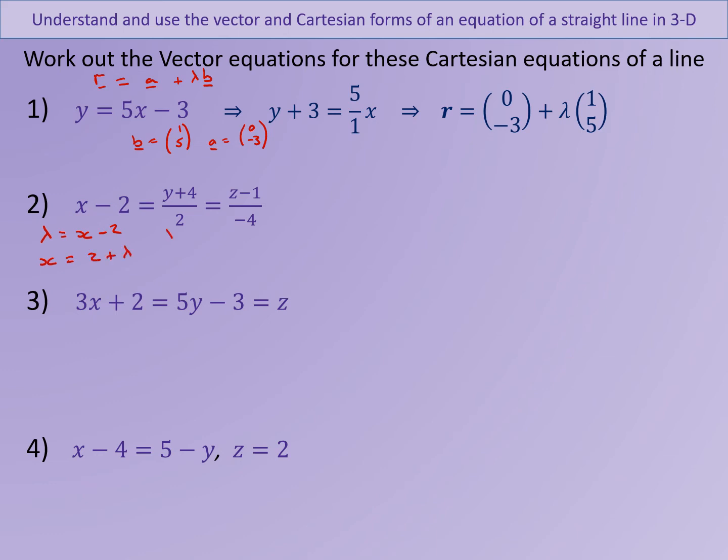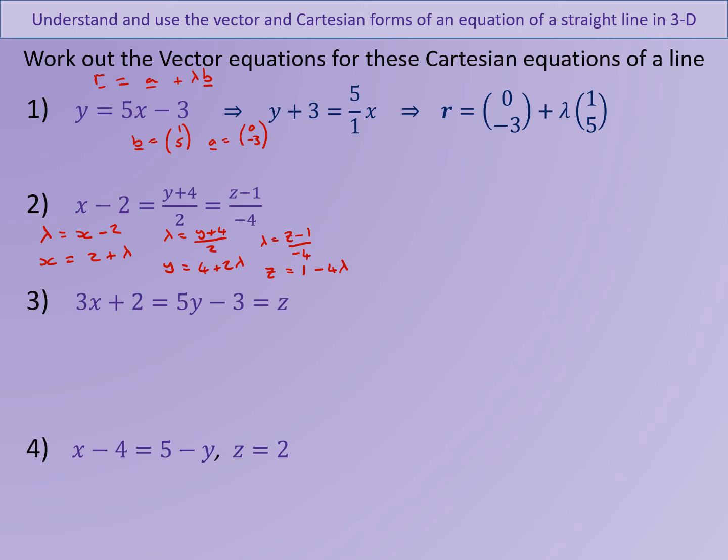For the second one, lambda equals y plus 4 over 2. So rearranging gives us y equals 4 plus 2 lambda. And for z, we get lambda equals z minus 1 over minus 4. So therefore z is equal to 1 minus 4 lambda.